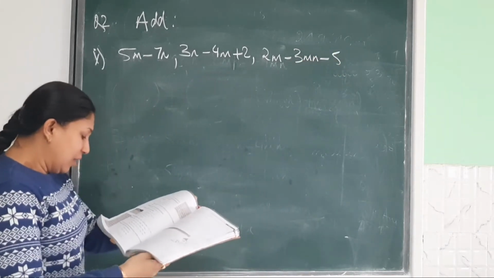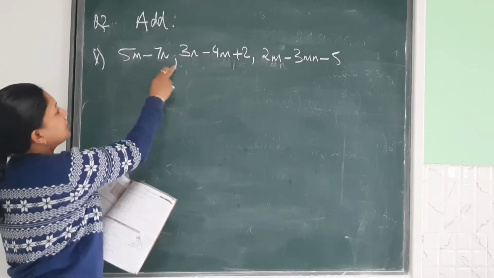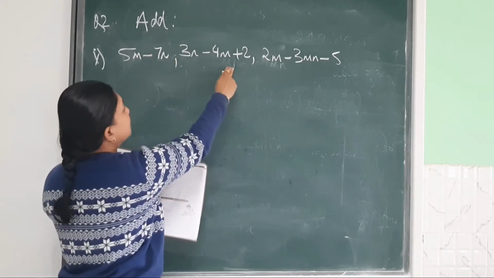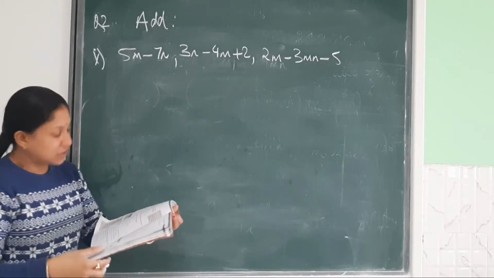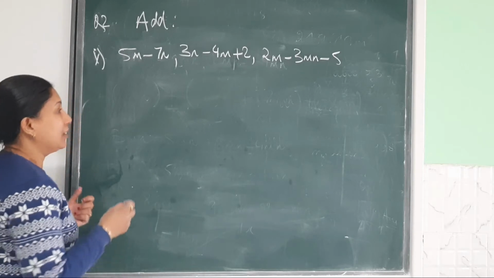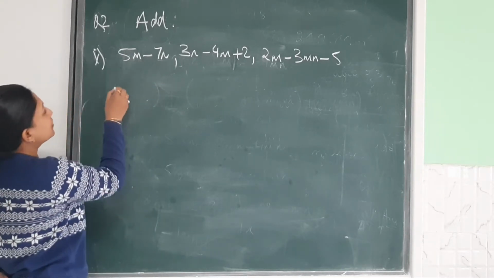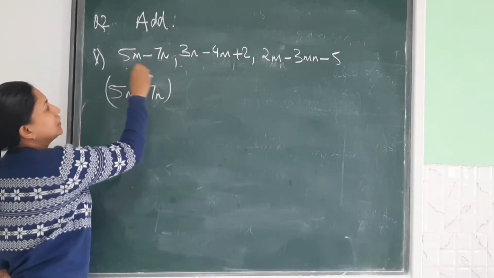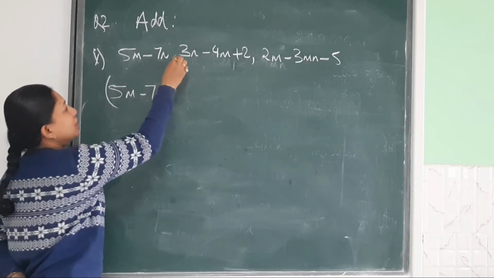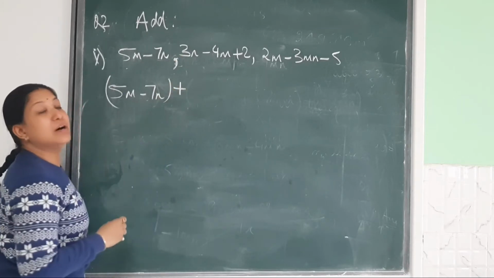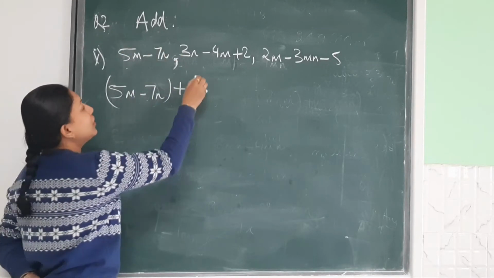Let me check: 5m minus 7n, one expression; 3n minus 4m plus 2, correct; 2m minus 3mn minus 5. What is the question? To add. So what will we do? We will also add. How will we add? Write down the expressions, remove this comma and put a plus sign, because you have to add.